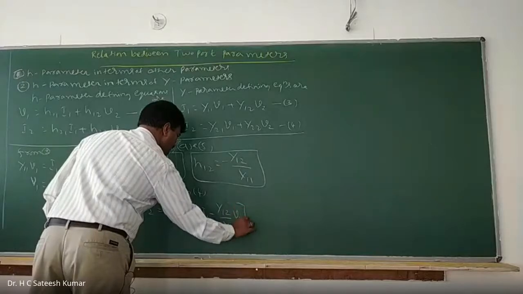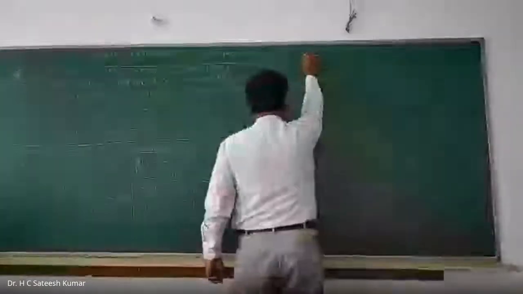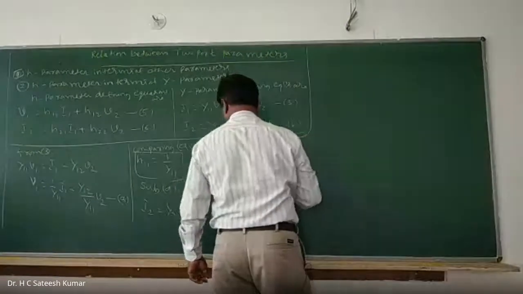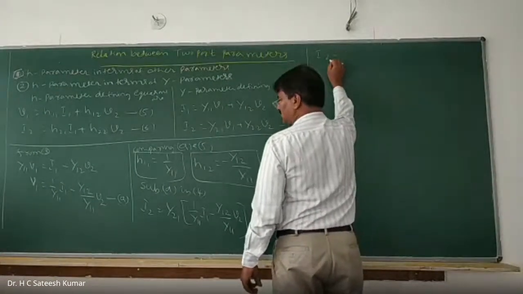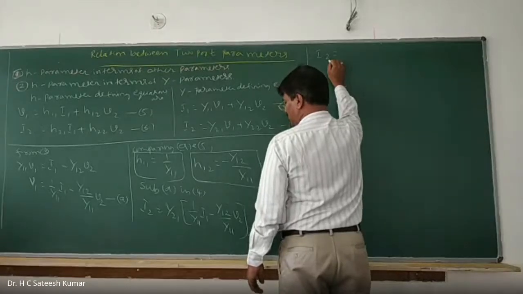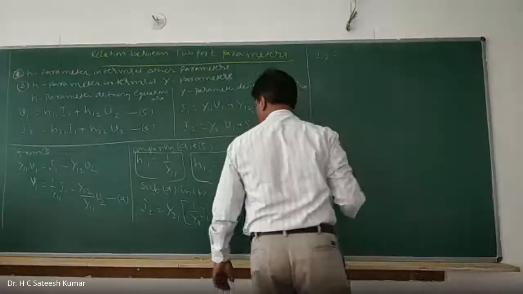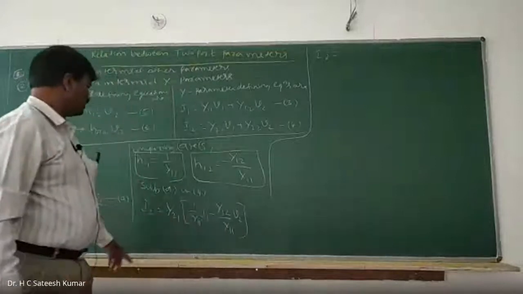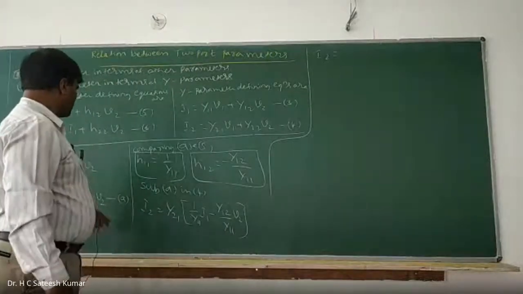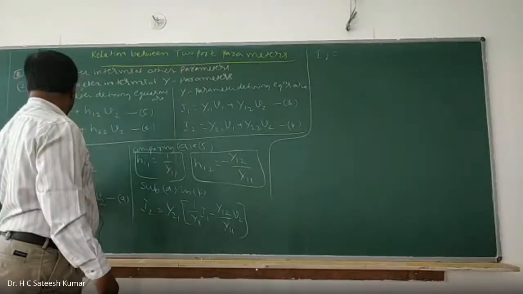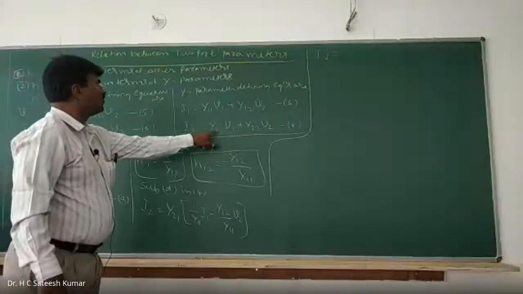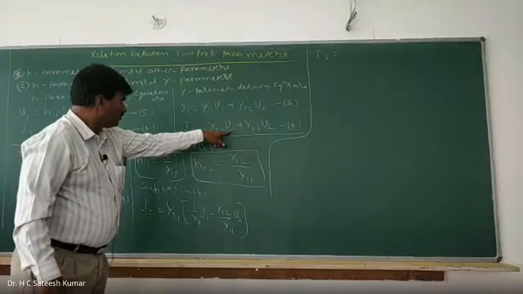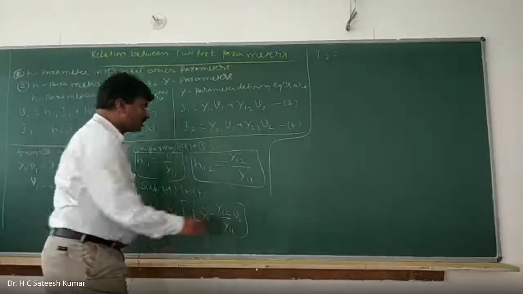I2 is equal to y21 into V1, which we have substituted, plus y22 into V2.